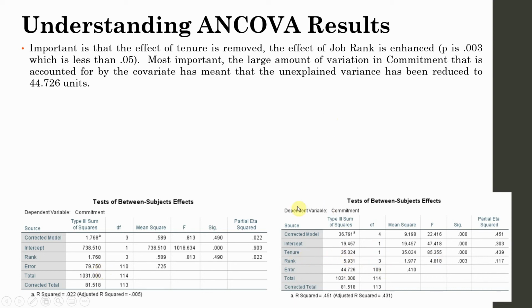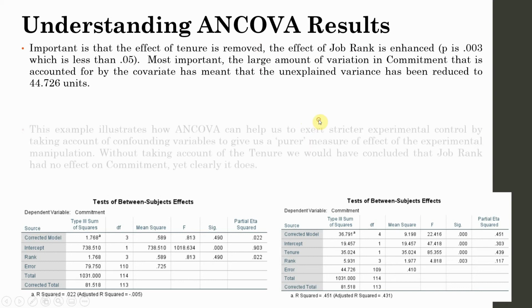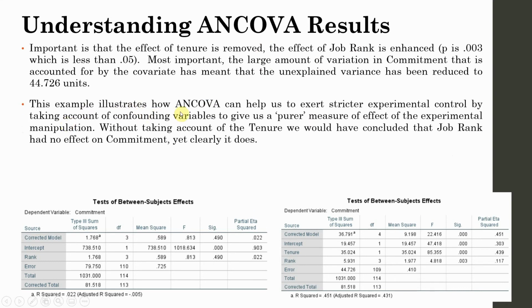So this is why controlling for the effects of other variables in analysis is important, especially in experimental studies. The example illustrates how ANCOVA can help us exert stricter experimental control by taking account of confounding variables to give us a purer measure of the effect of the experimental manipulation.